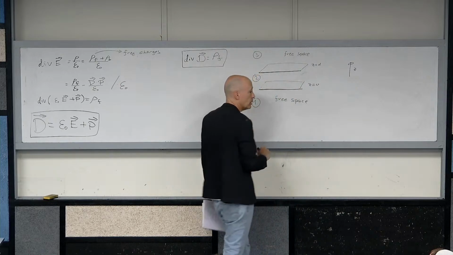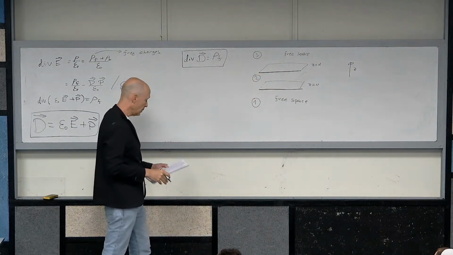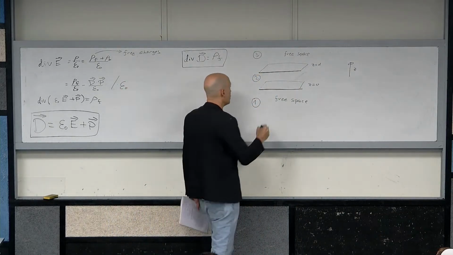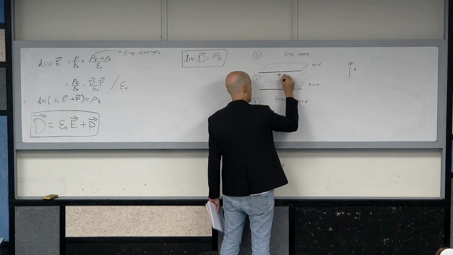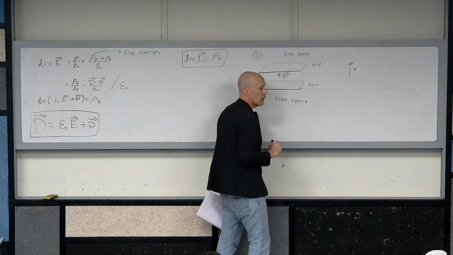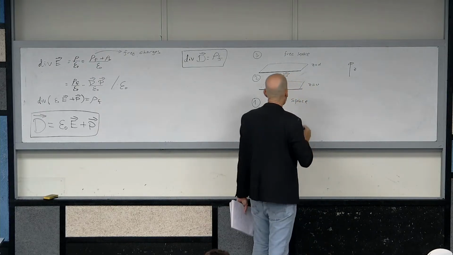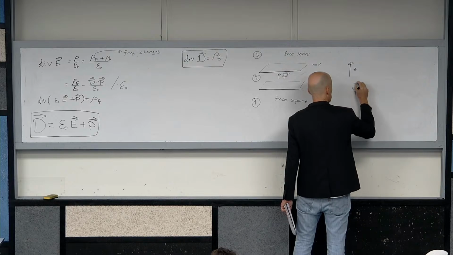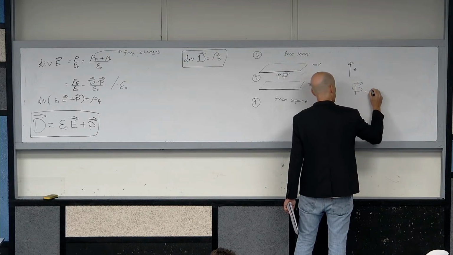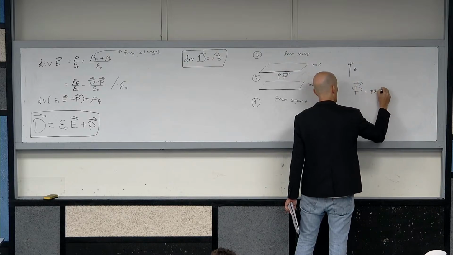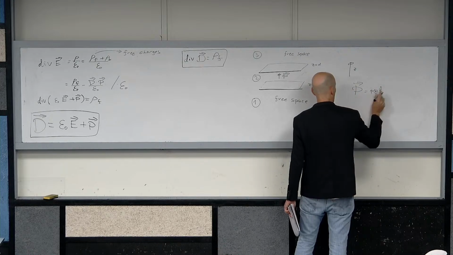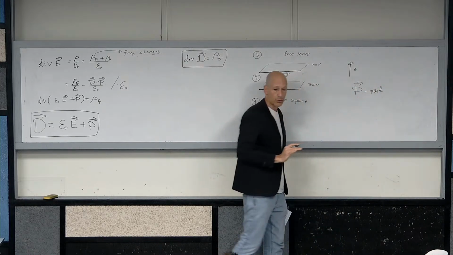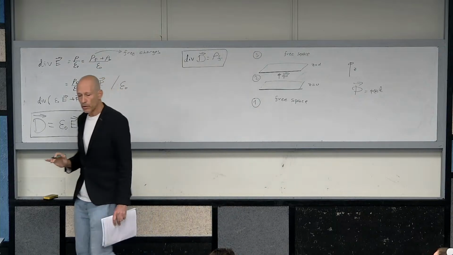So the distance between these two slabs is d. And inside we have a polarization field P, which I'll soon specify, which is in the z direction. So we have some polarization, which is a function of z in principle, in the z direction. Soon I'll specify this function, but now let us say this is general.